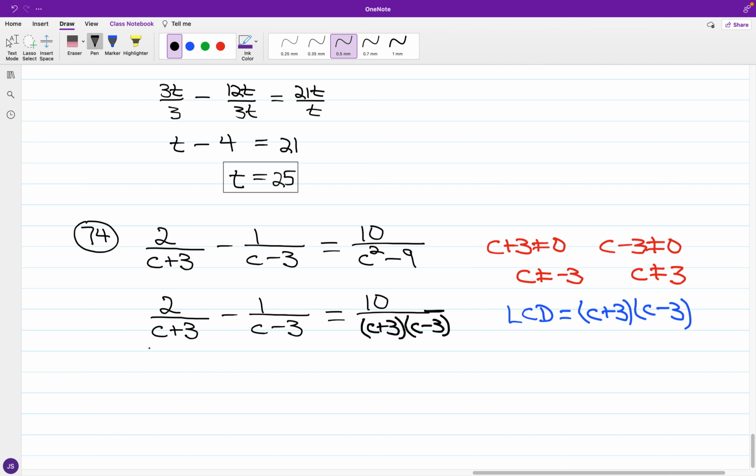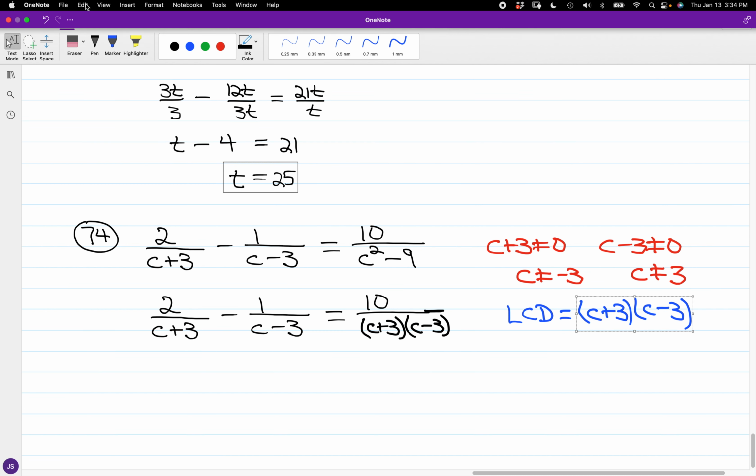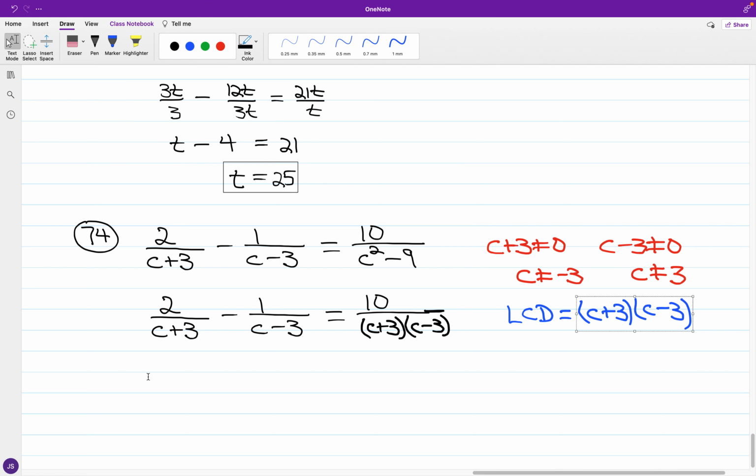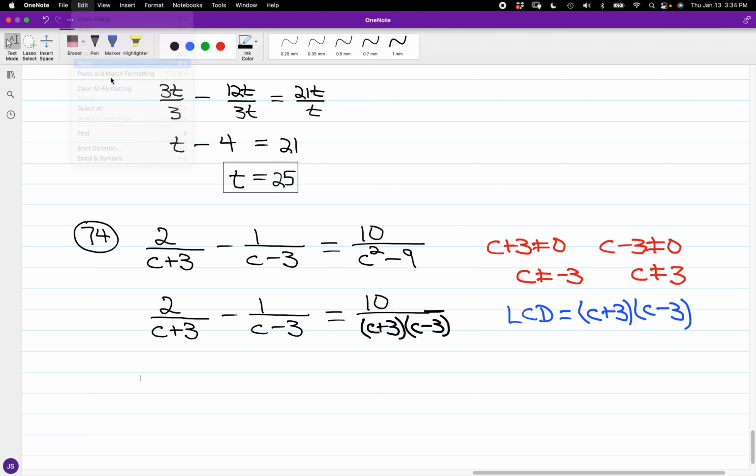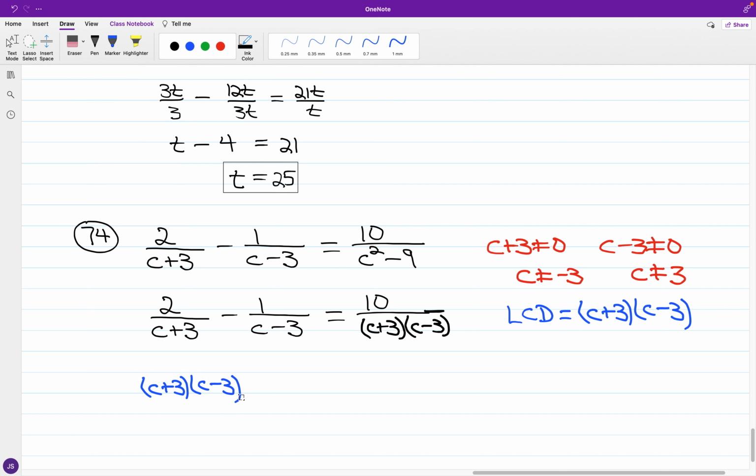So if we apply what we have, I'm going to distribute the least common denominator over all of these terms. So I have c plus 3 times c minus 3 times the first expression, which is 2 over c plus 3.